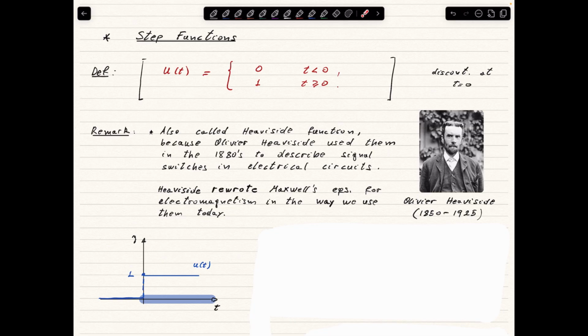The original way Maxwell wrote the equations is very complicated and is not in use today. You go to any electromagnetism book, and the way they write the Maxwell equations is Oliver Heaviside's way.